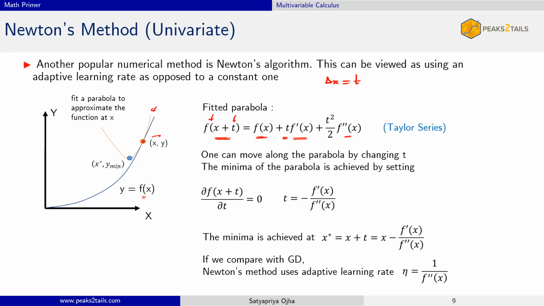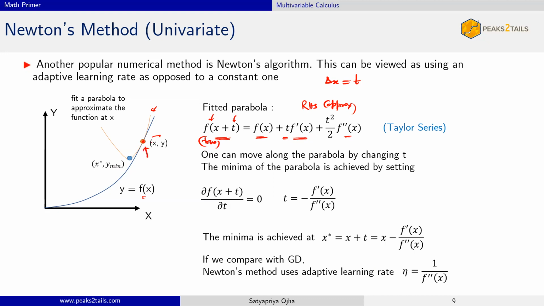So you can clearly see that exactly at x, both my approximation, which is on the right hand side, Taylor series approximation, and the left hand side, the true one, exactly match at x. That means when t is 0. If you put t equals 0, you get right hand side also f of x, left hand side also f of x. They exactly match.